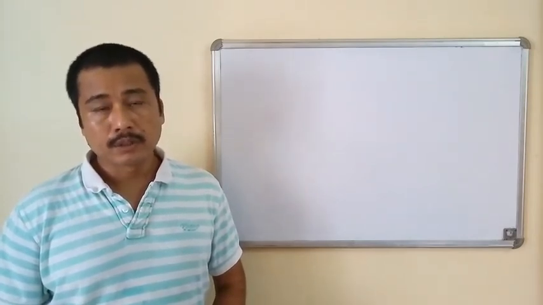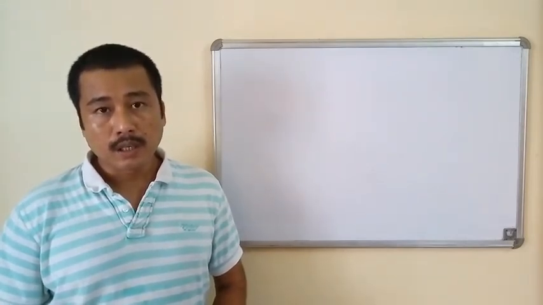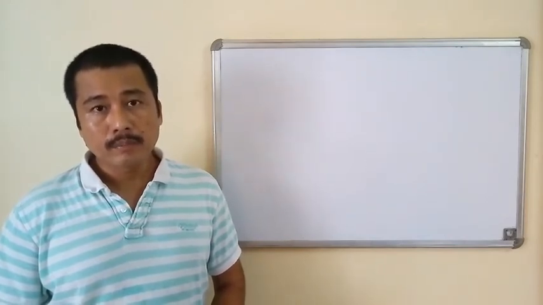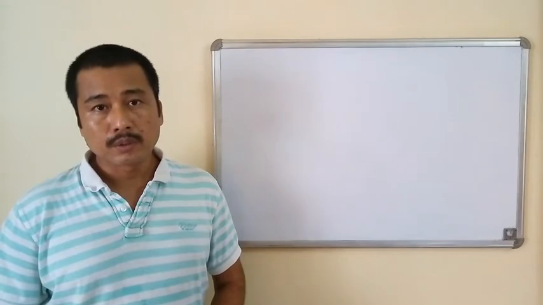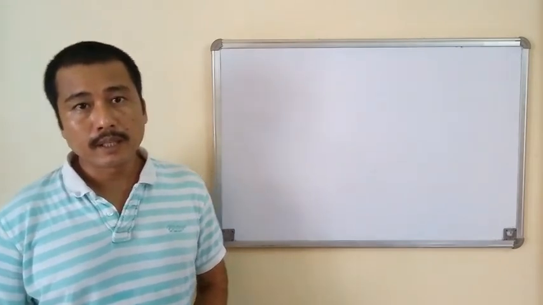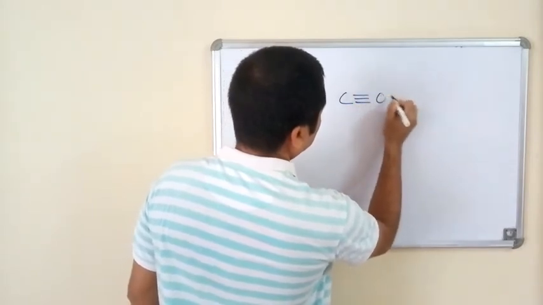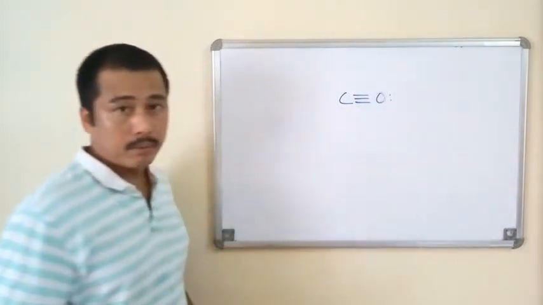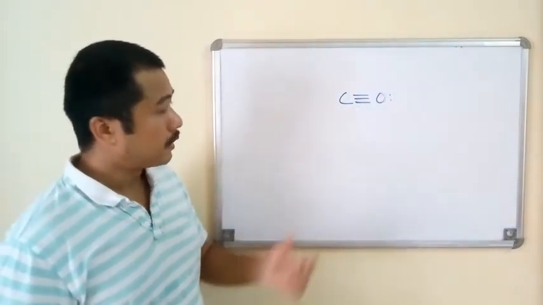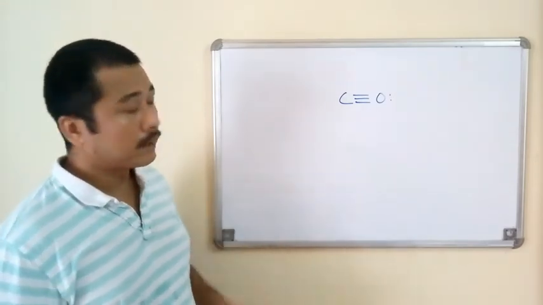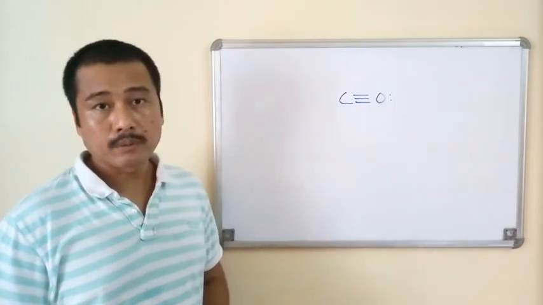The first question that we should ask is the reason why carbon monoxide binds to metal centers through the carbon atom but not through the oxygen atom. If you look at the Lewis structure of carbon monoxide, you will realize that there is a lone pair of electrons on the oxygen atom, and that is why one would expect that the carbon monoxide ligand will bind to metal centers through the oxygen atom by donation of this lone pair of electrons.